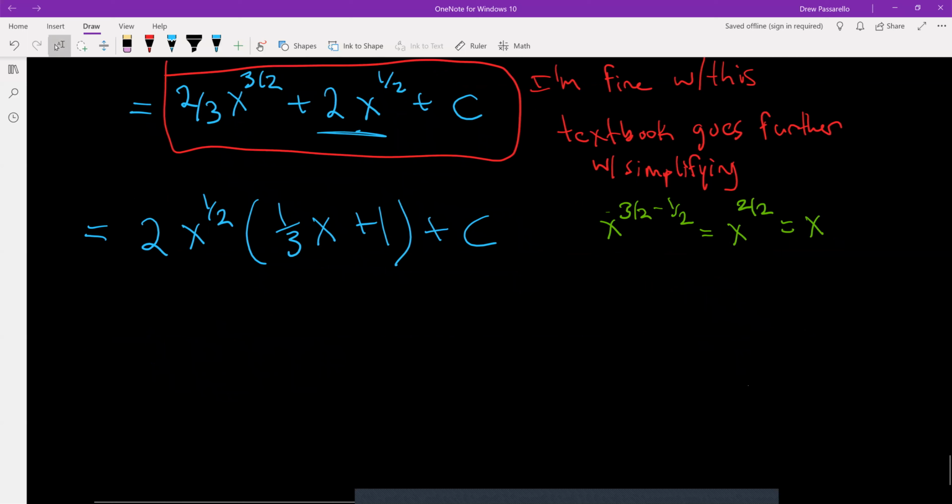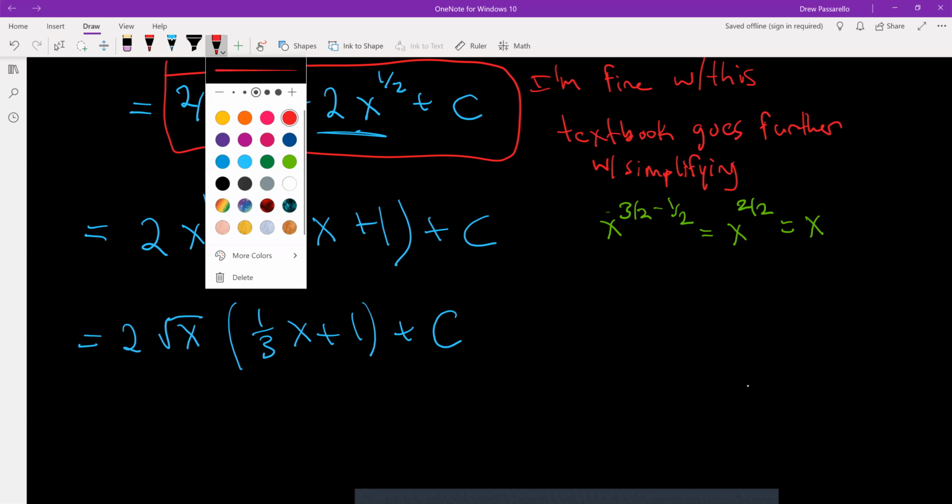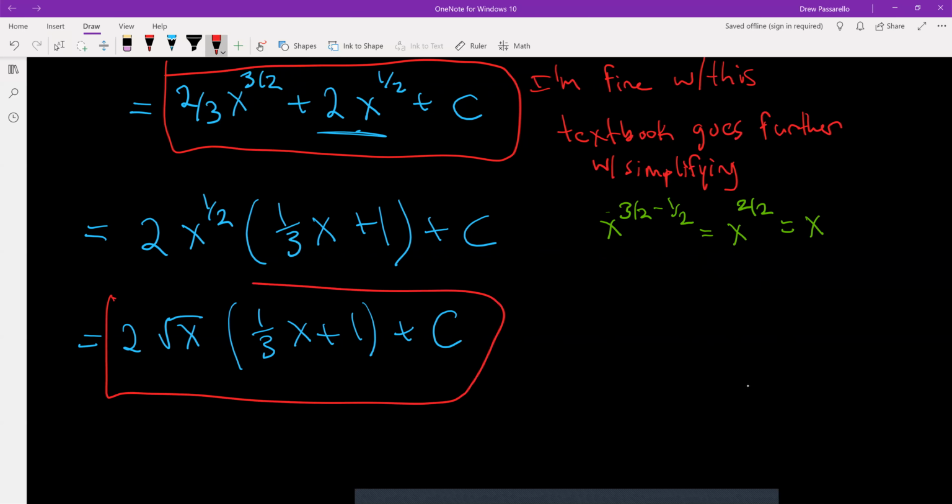Which you could write as 2 square root of x, because that's what x to the 1/2 is, and then 1/3 x plus 1, and then plus c. That's just another format for the answer.